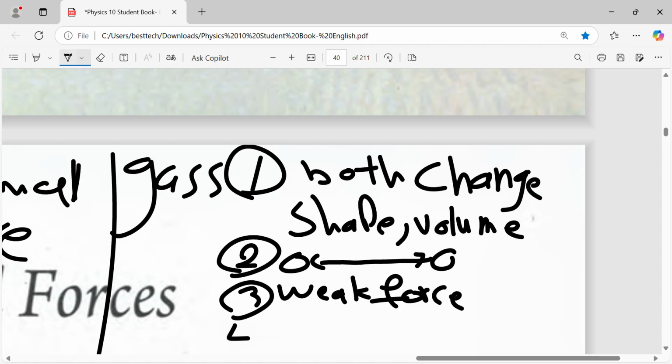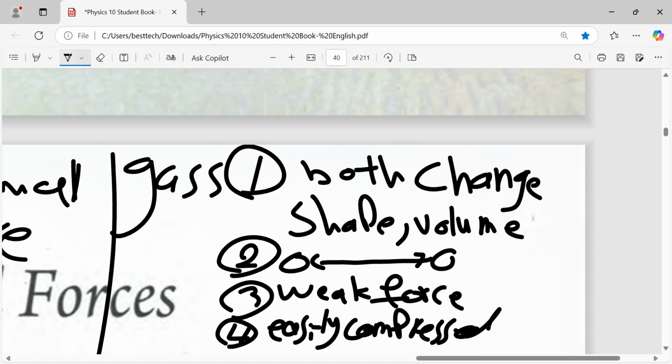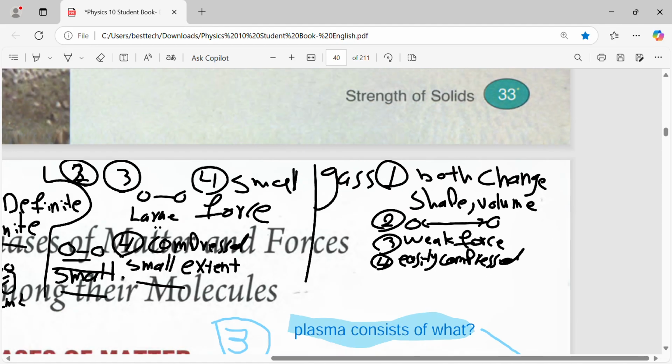The last property, guys, we can easily compress it. We can easily apply pressure. Again, why? Because of the distance, guys. If there is a large distance, we have a weak force, and we can easily apply pressure. So guys, this is in general the difference between the properties of them.